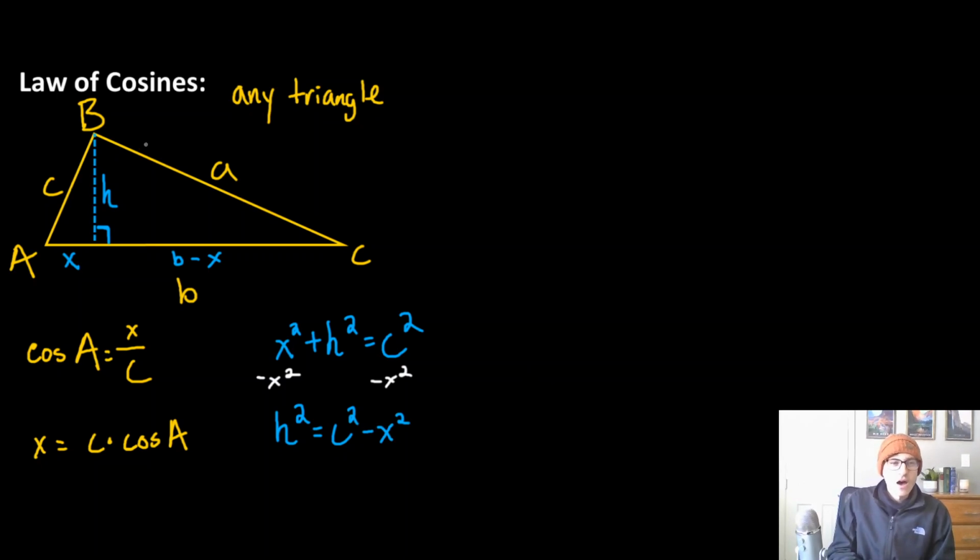Now I'm going to use the Pythagorean theorem with this right triangle. Here I have b minus x, so b minus x squared plus h squared equals a squared. And now I know you're saying, oh, well, I have x. Hold your horses just a second. I do have h squared that I can replace with c squared minus x squared.